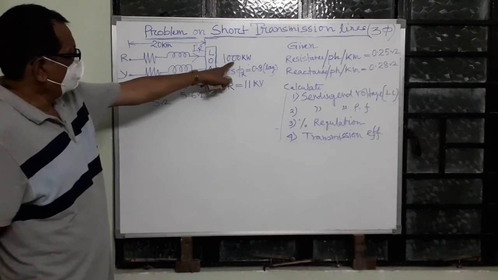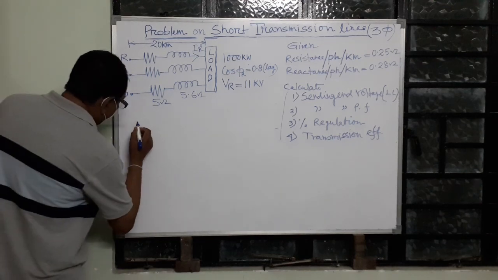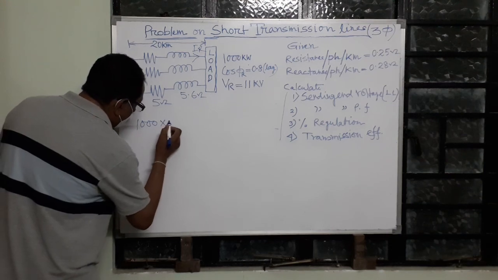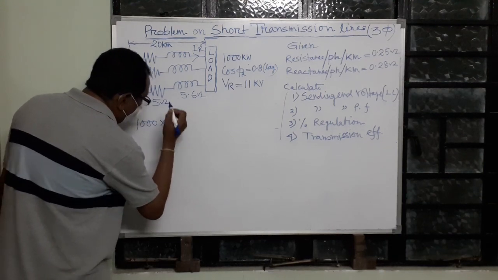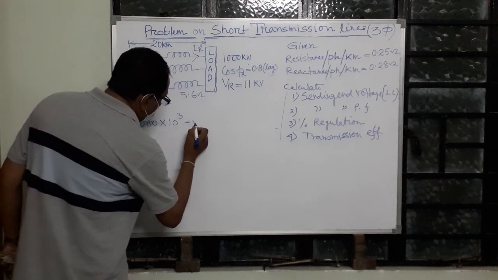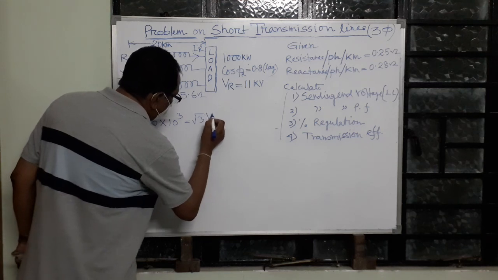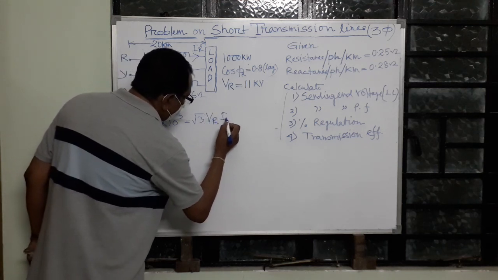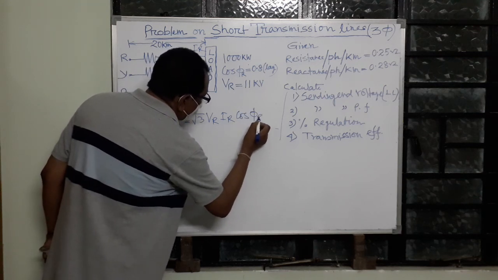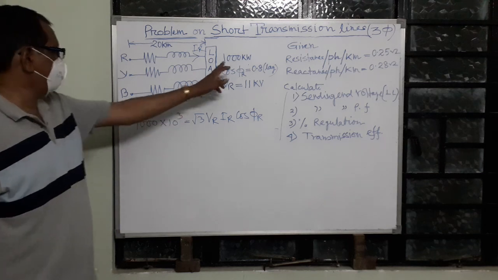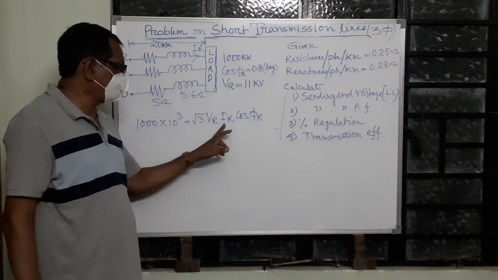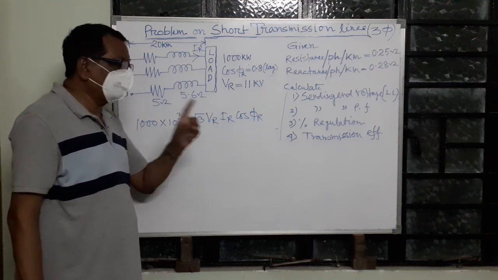So here the load is 1000 kilowatt. 1000 kilowatt multiplied by 1000, the unit is watt, that is equal to √3 VR IR cos phi R. As the load is three phase, so √3, here VR is the line voltage, IR is the line current.